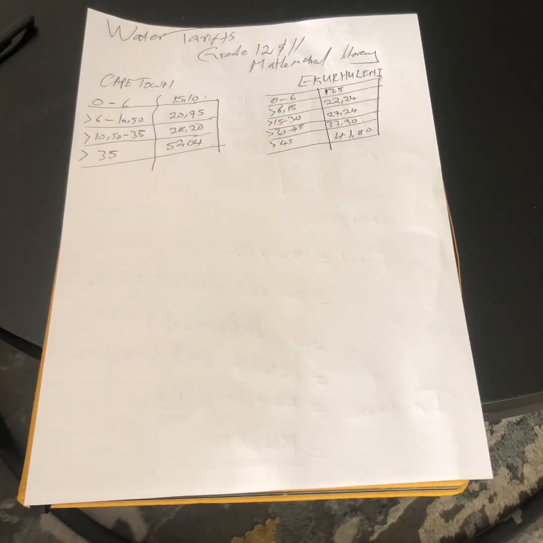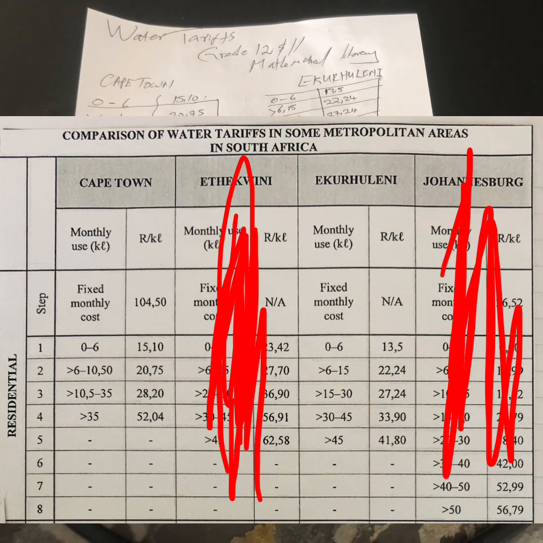So what we are going to do now, we are going to do a comparison between Cape Town and Ekurhuleni. We calculate the monthly charges. Then from there, you multiply the monthly charges with 12 to find our yearly charges, because now he's talking about paying 3,600 per year.